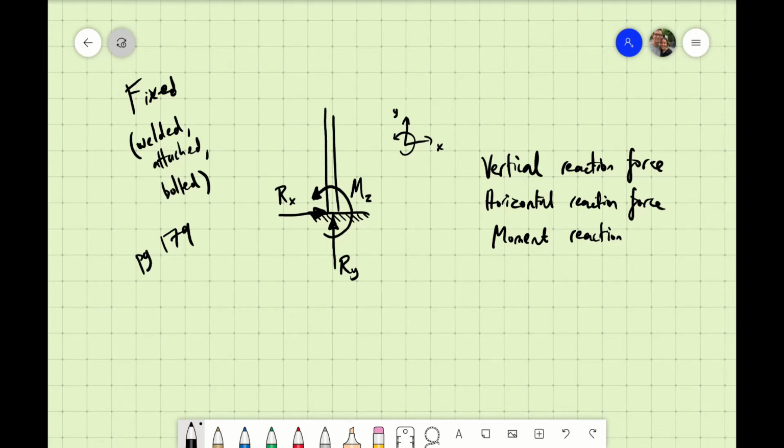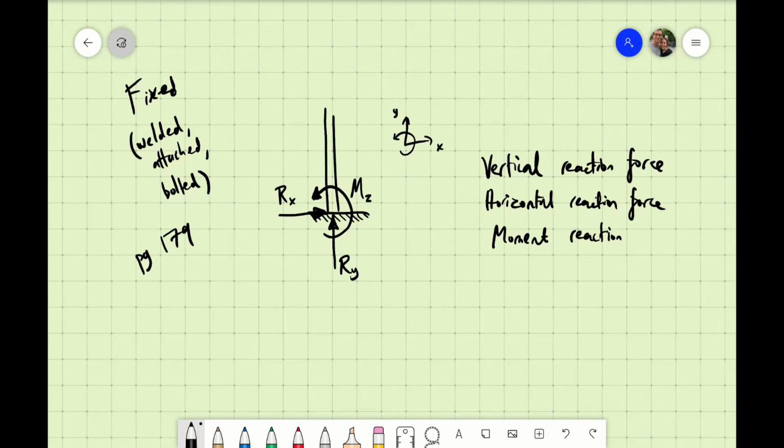Okay, he goes through in the textbook a bunch of other types of support conditions. He talks about inclined supports on rollers, which I think is kind of specific, but he includes those. That does happen. Then he goes into three-dimensional stuff on page 181.